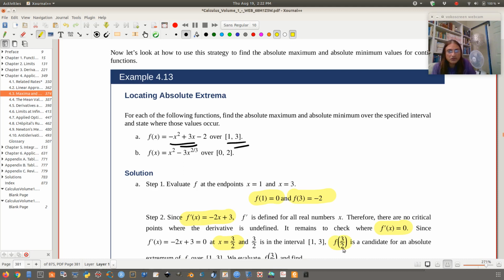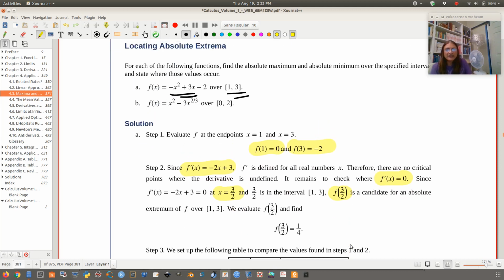Now this is also a candidate for absolute extremum. So let's evaluate f of 3 over 2 and we find 1/4. Now we look at 3 points, this, this, and this. The maximum value of the function is 1/4, obtained at 3 over 2, and the minimum value of the function is -2, obtained at f of 3.